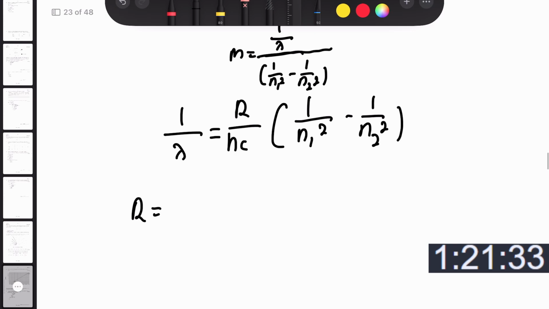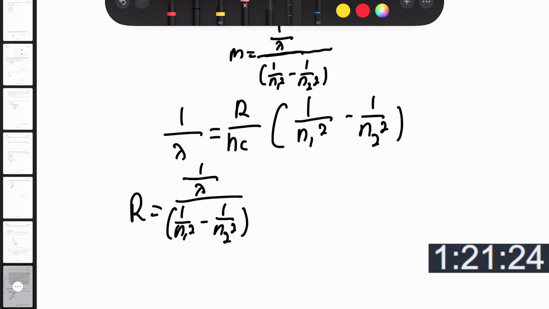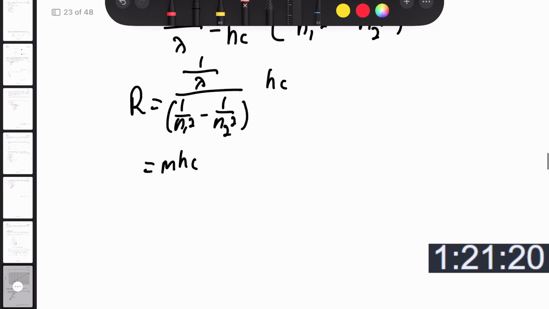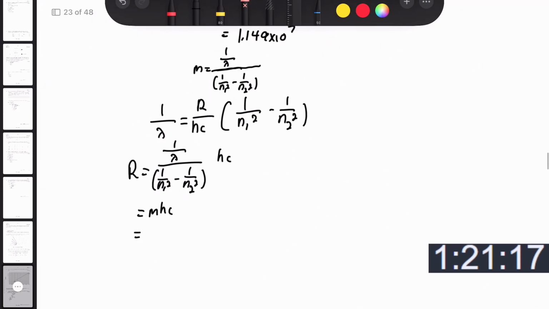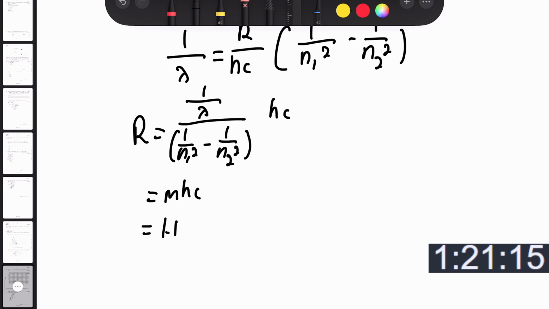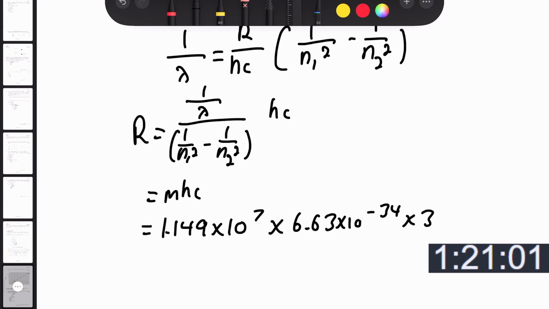So then R is going to be equal to M times hc, which is 1.149 times 10 to the 7 times 6.63 times 10 to the negative 34 times 3 times 10 to the 8.